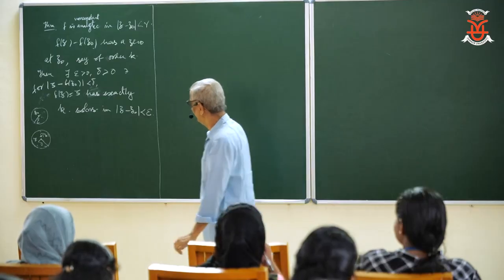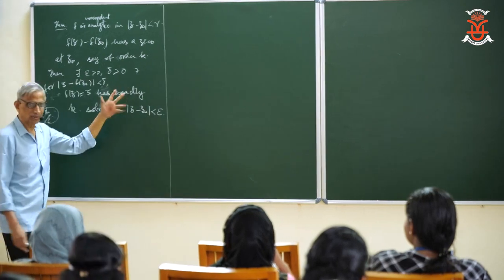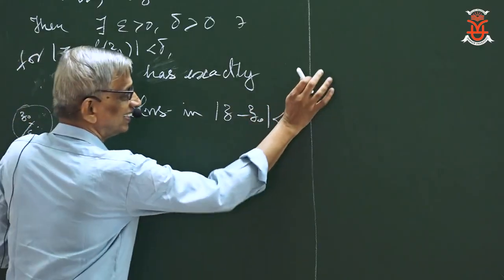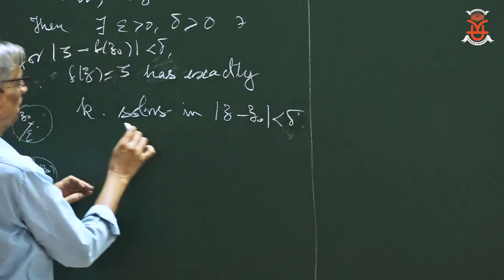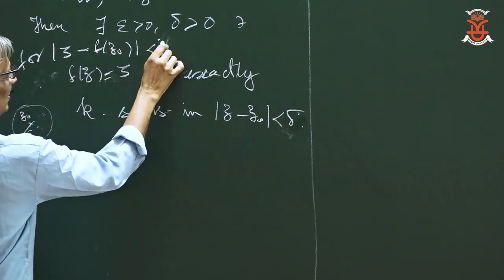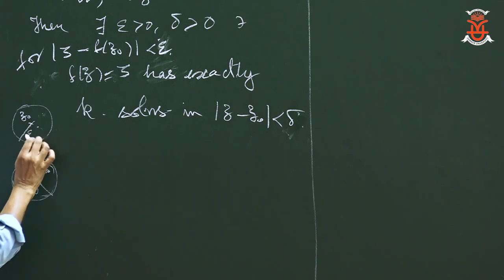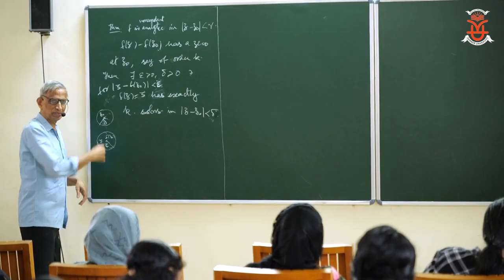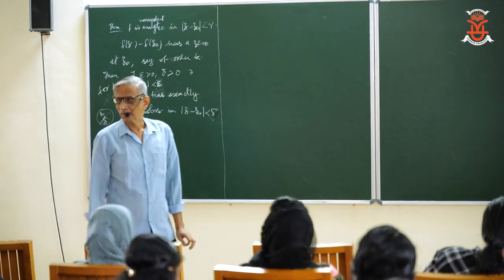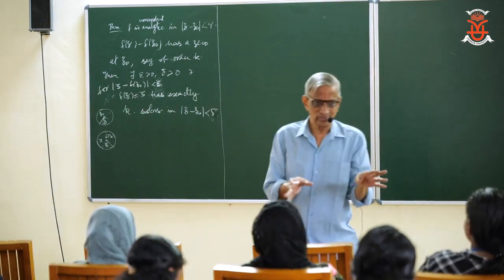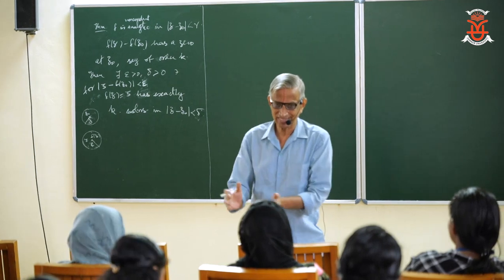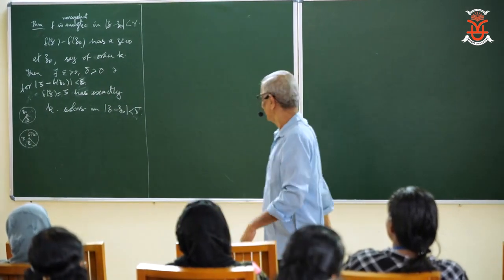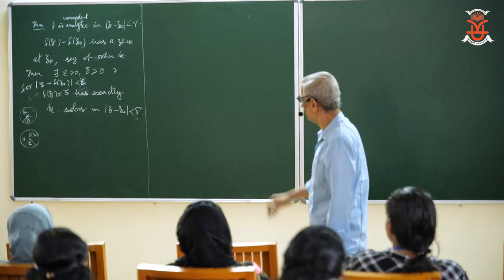Maybe I should have switched the epsilon and delta, right? That is usual. Of course, it doesn't matter, but usually, for continuity, mod z minus z naught less than delta implies mod f(z) minus f(z naught) is less than epsilon.